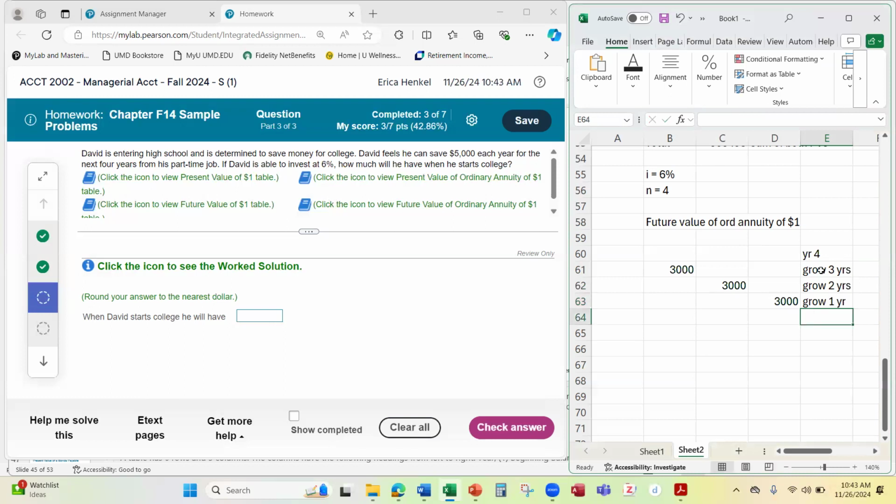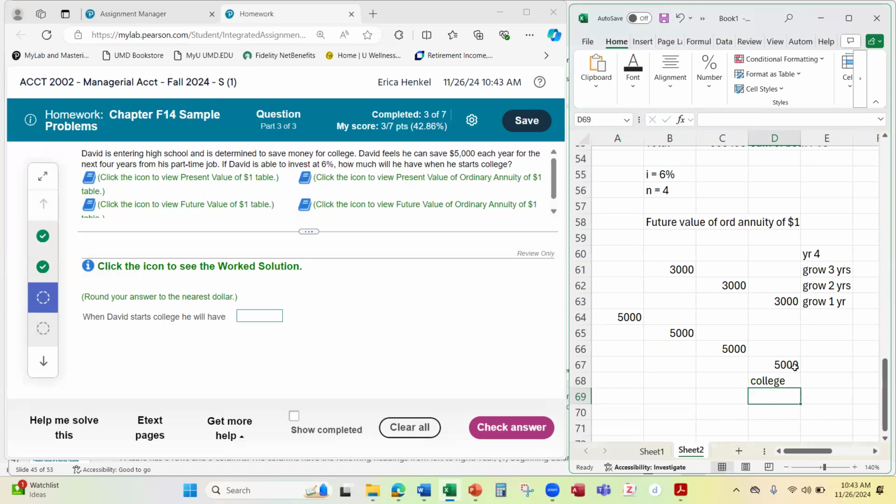All right. In David's case, David's going to pay, say, $5,000 per year for 4 years. And presumably, when this last $5,000 is saved, that's when David goes to college.